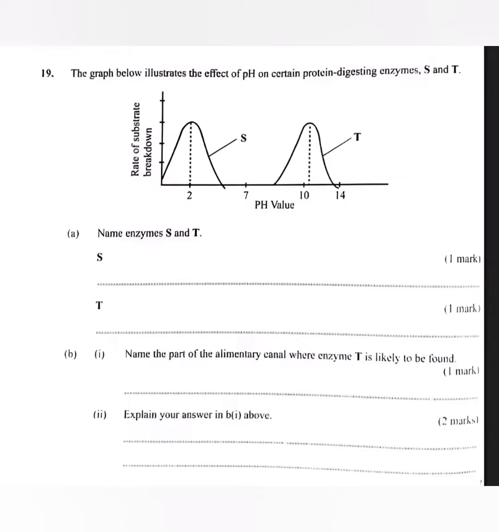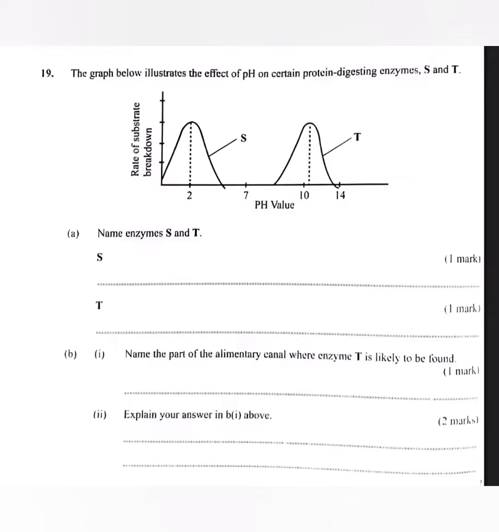Then enzyme T is operating under alkaline pH because it has the optimum pH of somewhere around 11. In this part, the first question is saying, name enzymes S and T. They are just asking you to give any enzyme which can operate under acidic medium. So I'm going to give you trypsin.